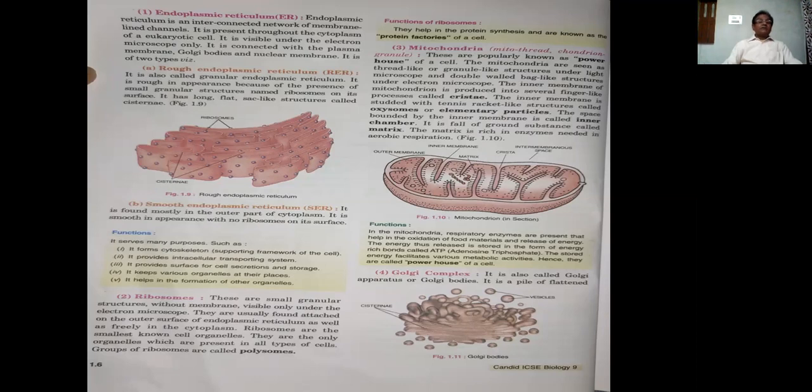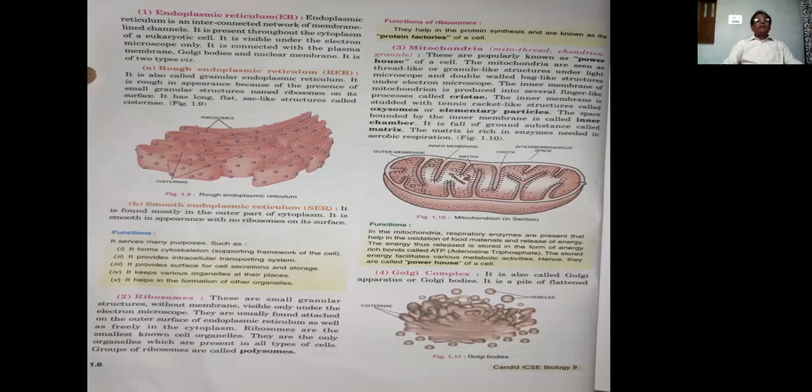During protein synthesis, they form groups of ribosomes known as polysomes. Poly means many. When many ribosomes come together, attached with the messenger RNA for the synthesis of protein, they form the polysomes. So ribosomes are very important for the synthesis of different types of proteins.